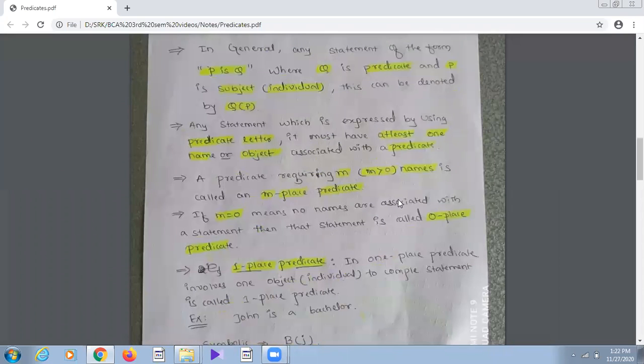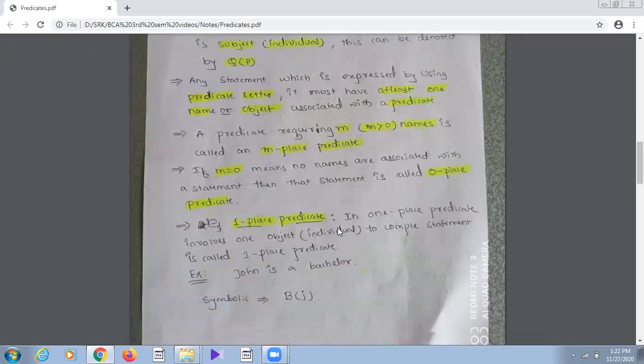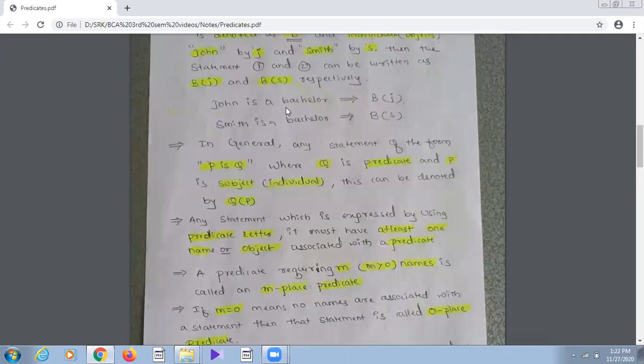If any primary statement has one object or one individual, we say it is a one place predicate. If a primary statement has two individual names or objects, then it is a two place predicate. If a statement does not have any individual, then it is a zero place predicate.